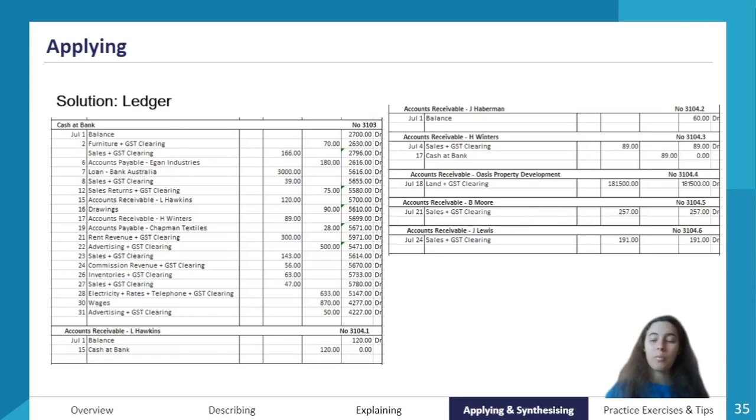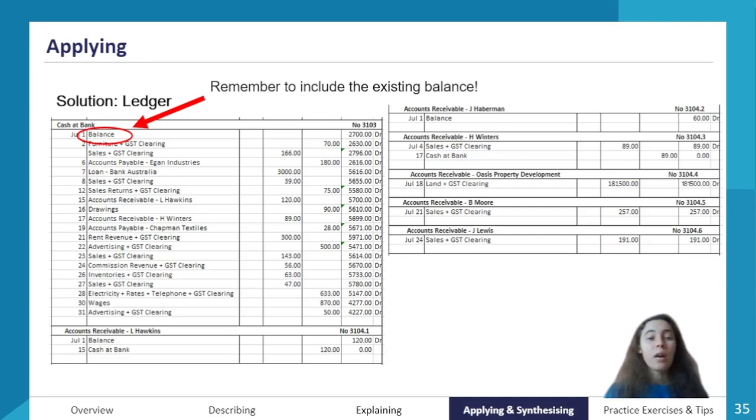And here is an example of what we were saying before with the balance. So for cash at bank, you've got your balance to begin with, because we're not just starting from zero for the bank. We're starting from $2,700. That will usually be provided in the information that you're given somewhere in the question.